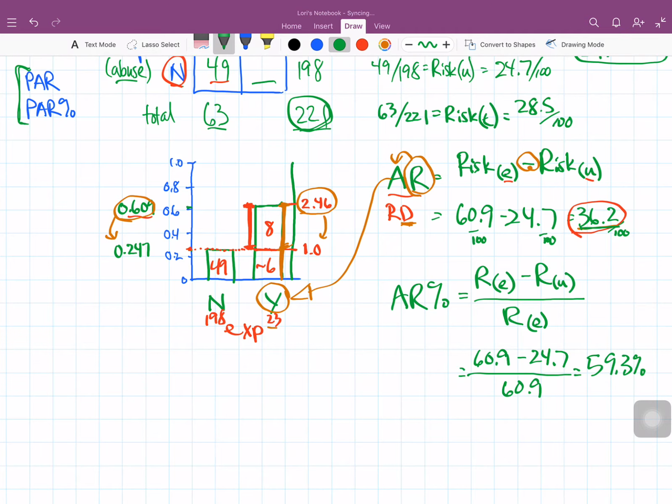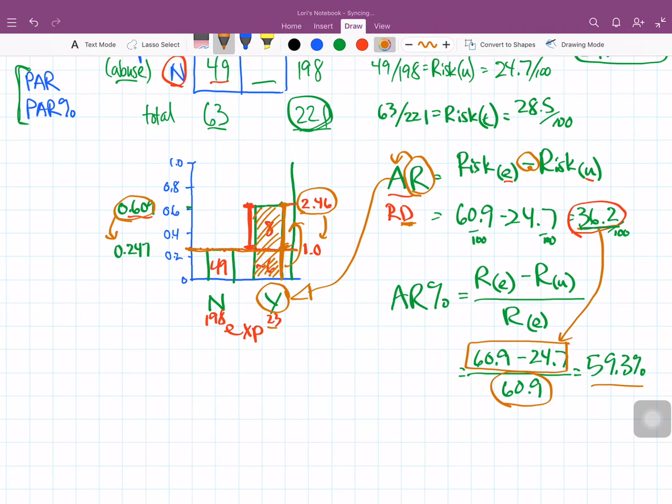So if we took this whole entire thing, let me go ahead and shade it, and we said, what percentage of it is above the line right here that we're saying is kind of like our baseline or our no extra risk, what percent of it is above that? It ends up being about 60%. So this ends up being the same thing as the 36.2. 36.2 is about 60% of 60.9. So that's our attributable risk percent.